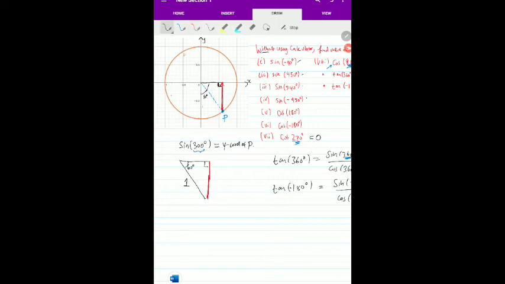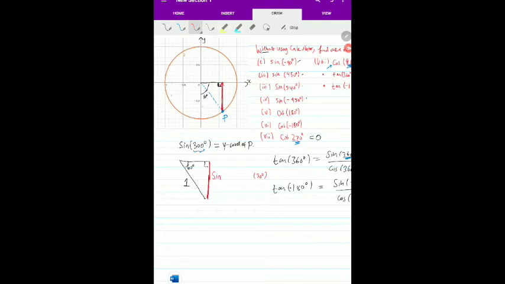Well, this red side length is going to be cosine of 60 degrees. Or that's the same thing as the sine of 30 degrees, right? Why? Well, because this angle right here, sorry, that's not correct. Sorry, that's not right.